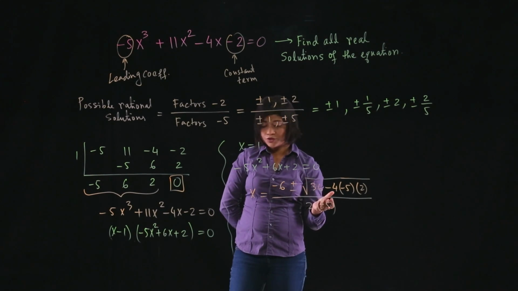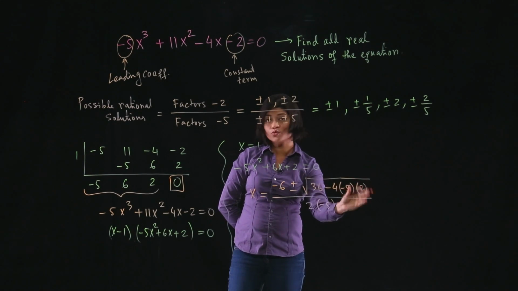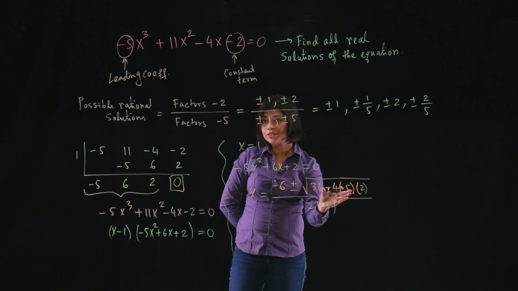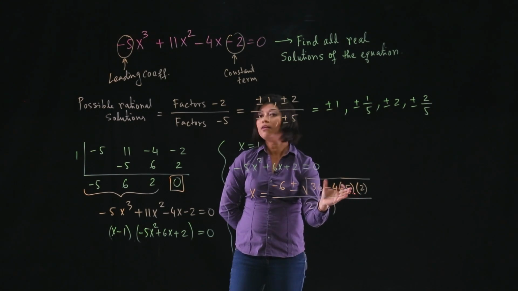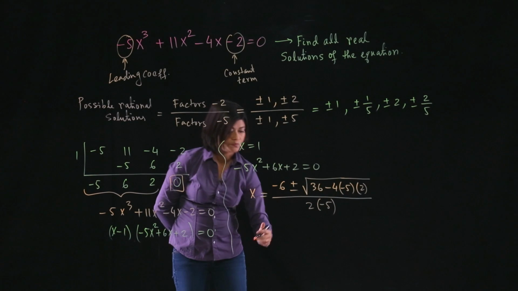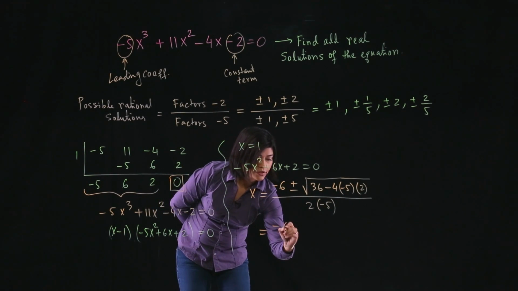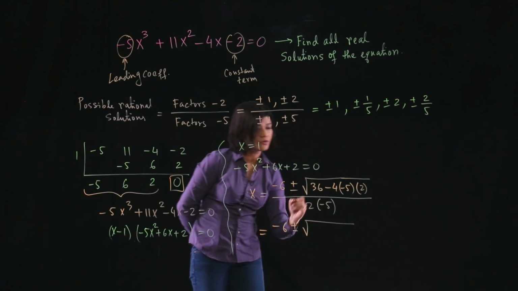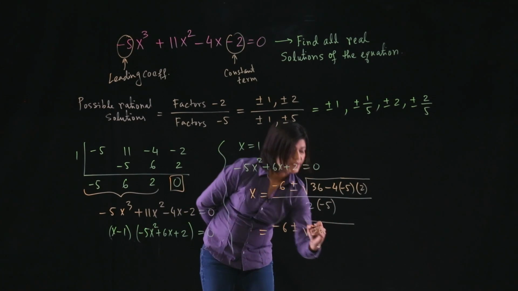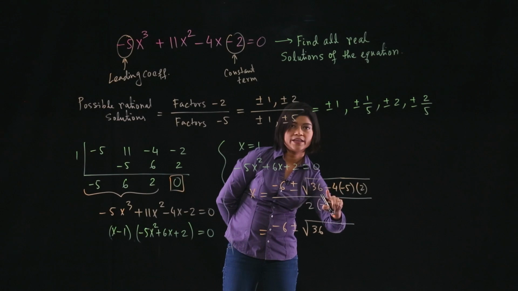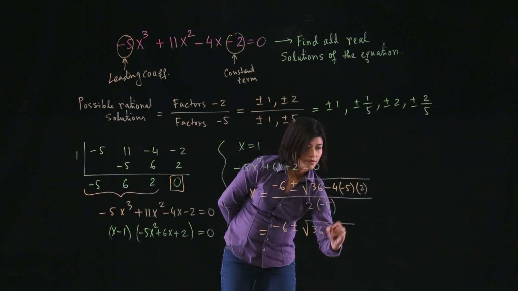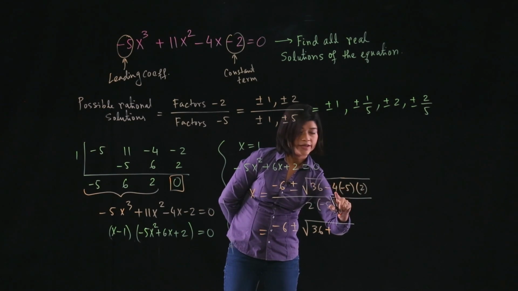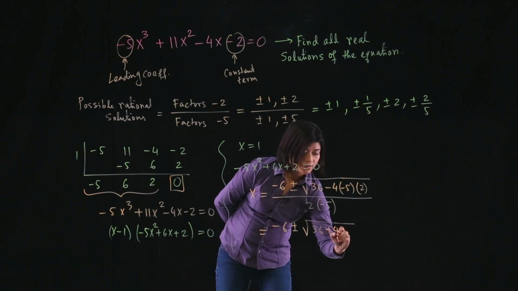To know if it's a real solution or not, we have to look inside the square root and find out if we get a positive quantity. So let's simplify quickly. Inside the square root we have 36, and the negative makes it a positive, and this is 5 times 2, 10, times 4, 40.